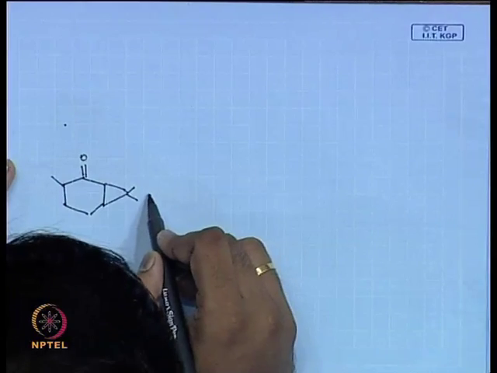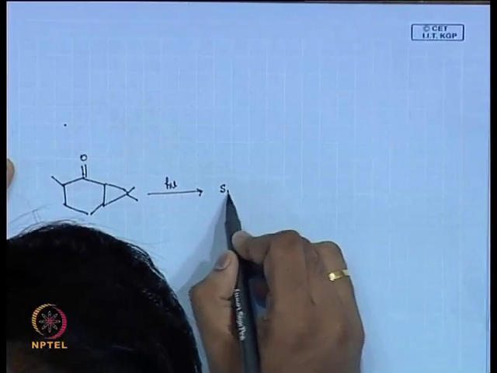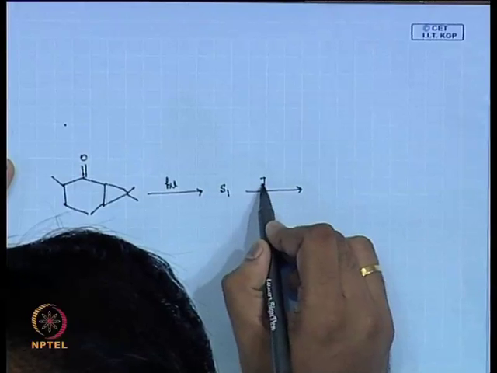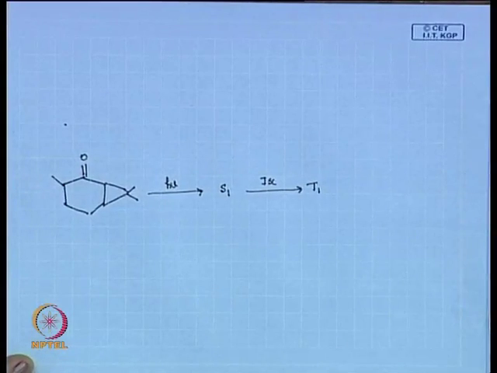So, you should understand whether this methyl has some influence or not. Then you are fine, you do your first step, that is S1 to T1, right.